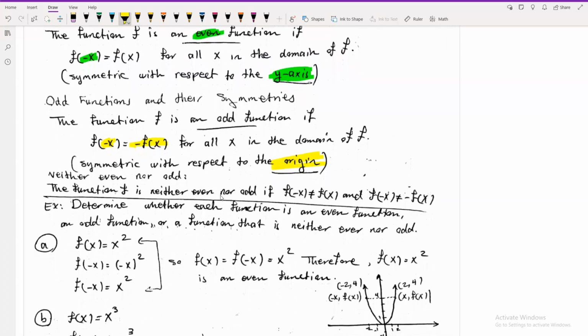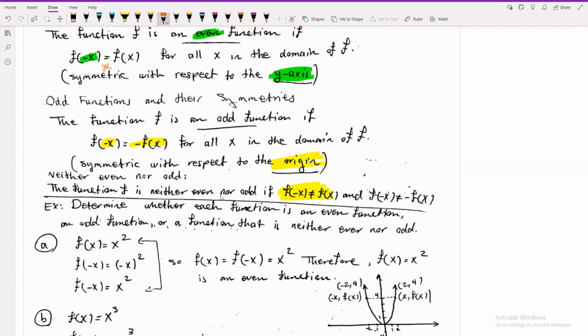Neither even nor odd. So on this part, the function f is neither even nor odd if f of negative x is not equal to f of x, and f of negative x is not equal to negative times f of x.